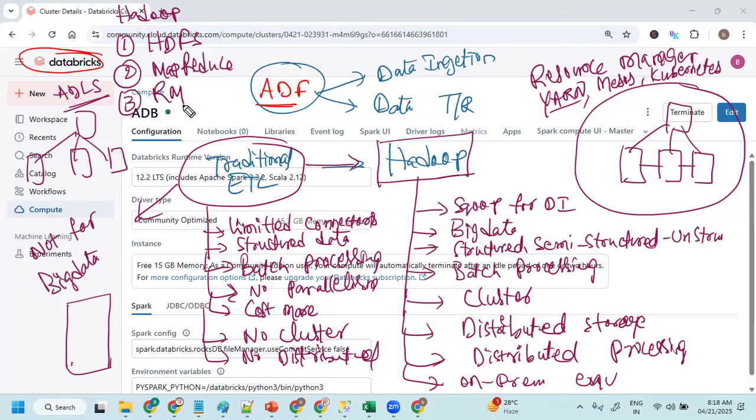These three components will be there in Hadoop. HDFS is for storage. MapReduce is for processing, and resource manager is to manage resources.